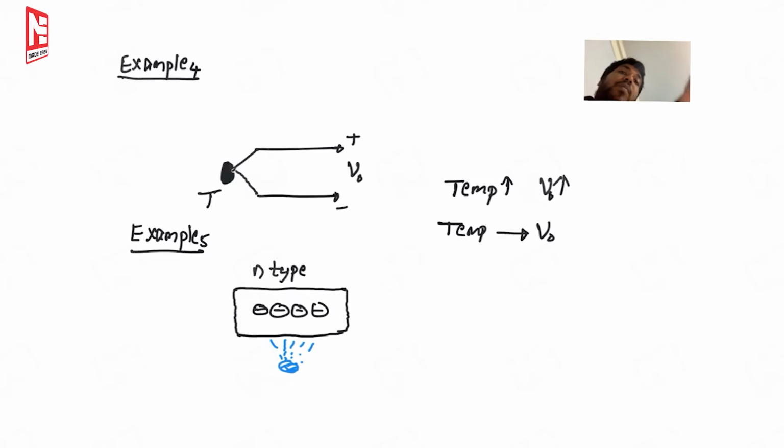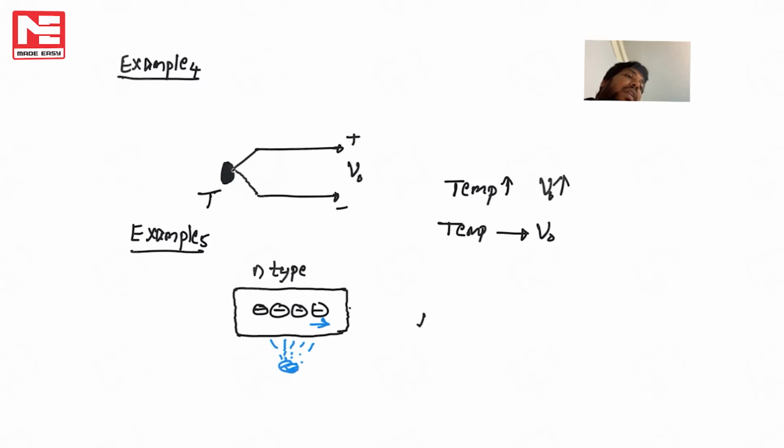What happens now? If you increase the temperature of the semiconductor strip, then the mobility of these free electrons will increase. That means these electrons will run very quickly now. If these electrons are moving very fast, then the amount of charge getting displaced per unit time will increase.